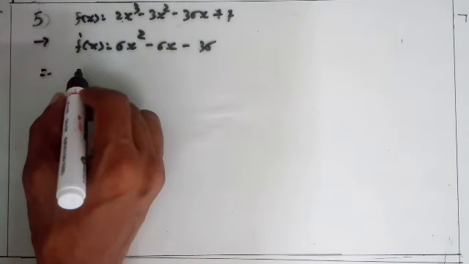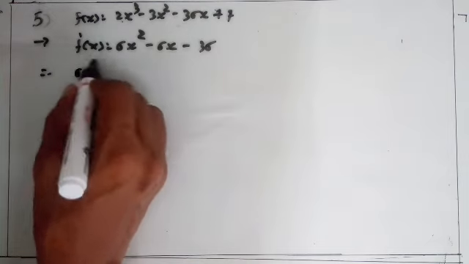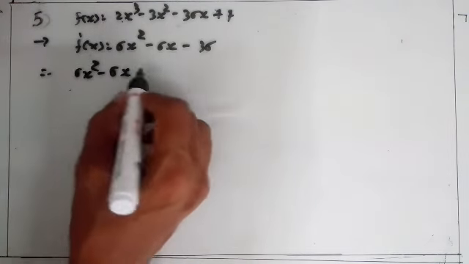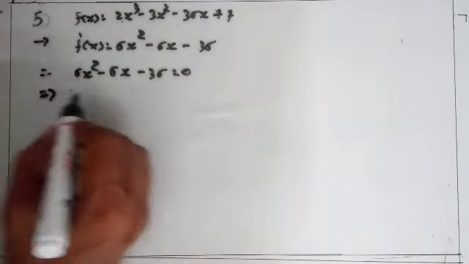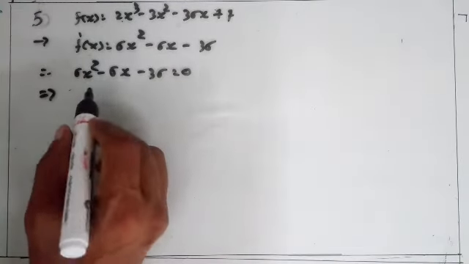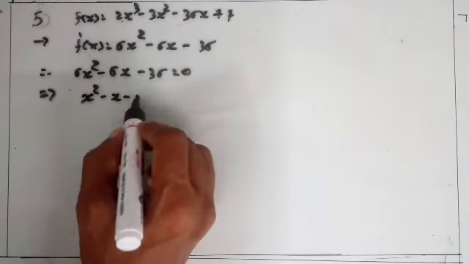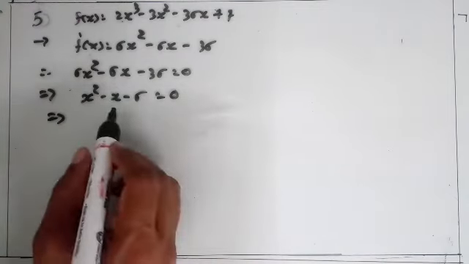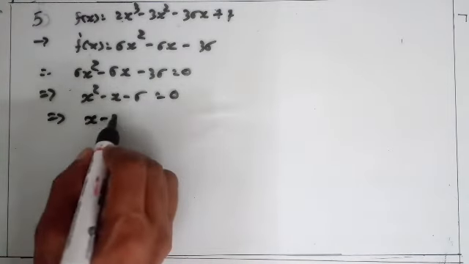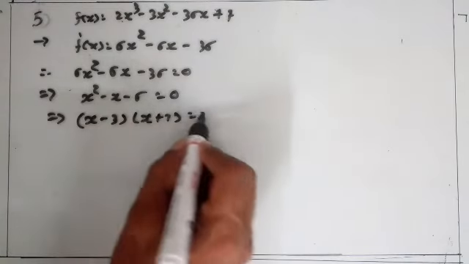Therefore, for increasing, decreasing, compare with 0. So 6x² − 6x − 36 = 0. This implies, dividing by 6, we get x² − x − 6 = 0. This implies we get the factors (x − 3)(x + 2) = 0.